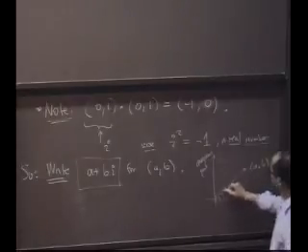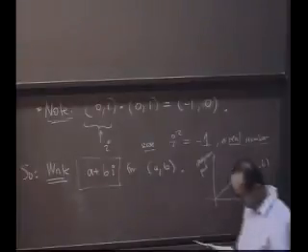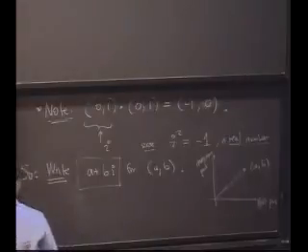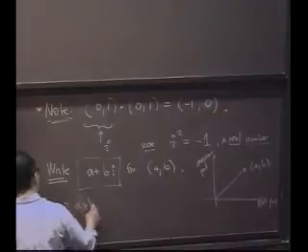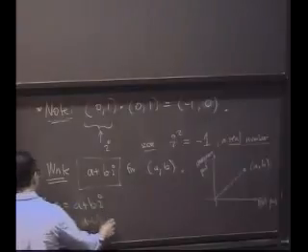Good. Well, there are also several geometric notions associated with this creature. So if z is a plus bi, we'll define z bar to be a minus bi.